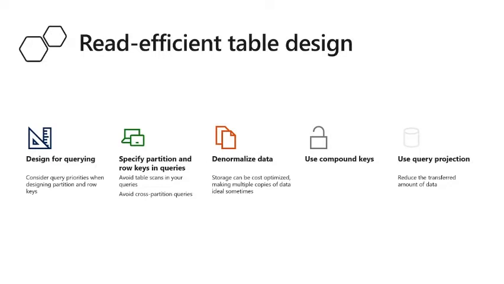For example, store a summary entity so that queries for aggregate data only need to access a single entity. Use compound key values. The only keys you have are partition key and row key. For example, you use compound key values to enable alternate keyed access paths to entities. Use query projection. That means you can reduce the amount of data you transfer over the network by using queries that select just the fields you need.